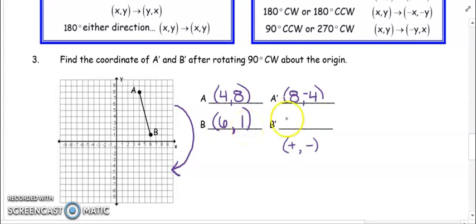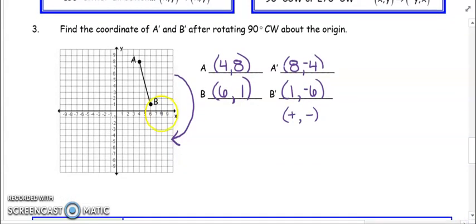It was (6, 1), and now it becomes (1, 6). The x coordinate has to be positive, the y coordinate has to be negative, which is why B prime is (1, -6). So A prime is (8, -4), and B prime is (1, -6).